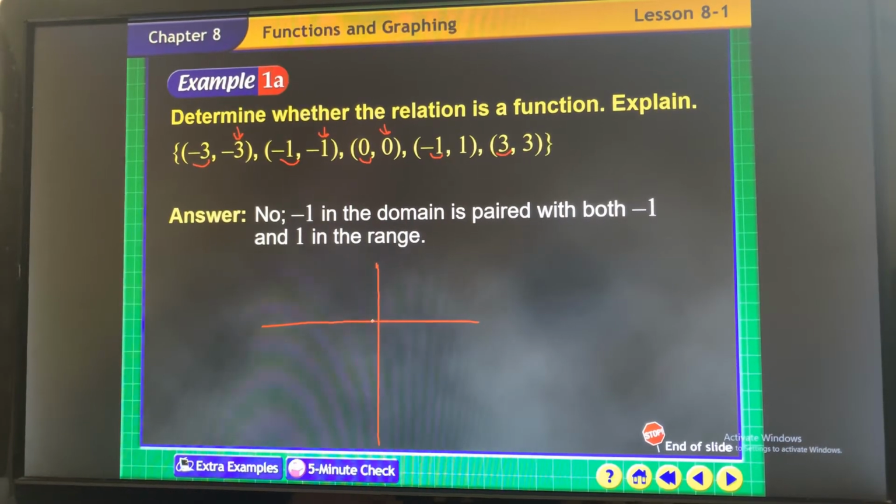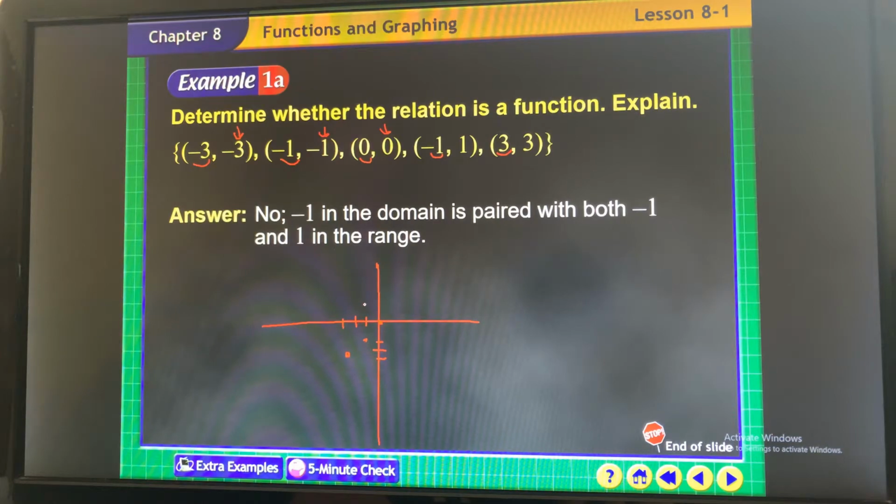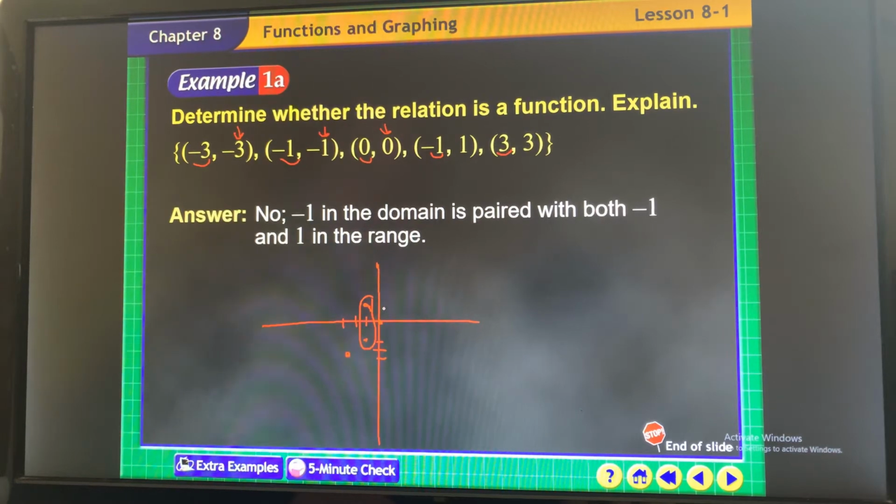This point would be 1, 2, 3 to the left and then 3 down. So it would be right here. This one would be 1 to the left and 1 down. This would be at 0, 0. And this would be 1 to the left and 1 up. Do you see how these 2 points are stacked? That's what makes it not a function. So the domain cannot repeat.